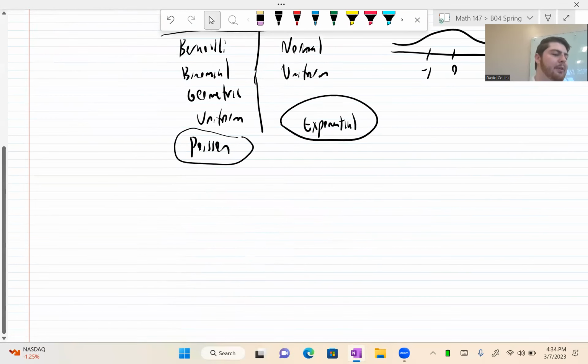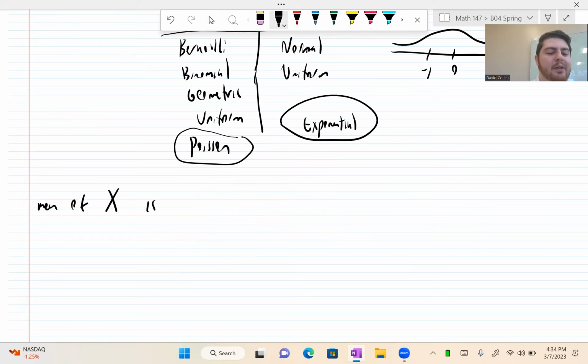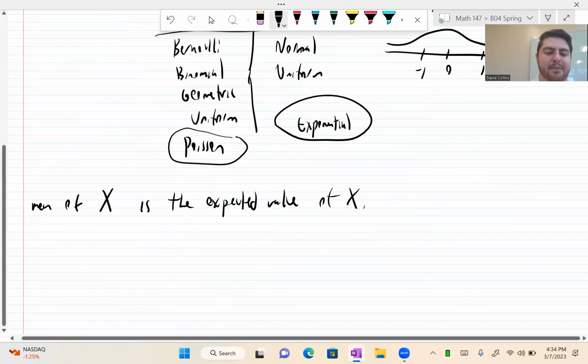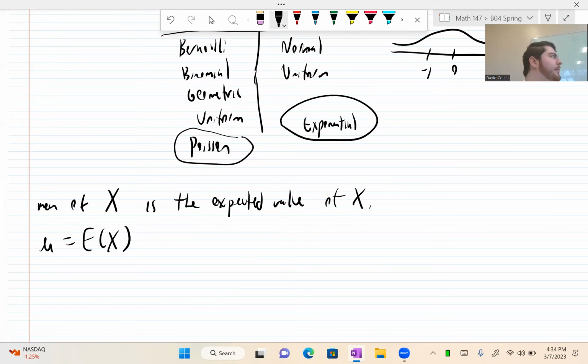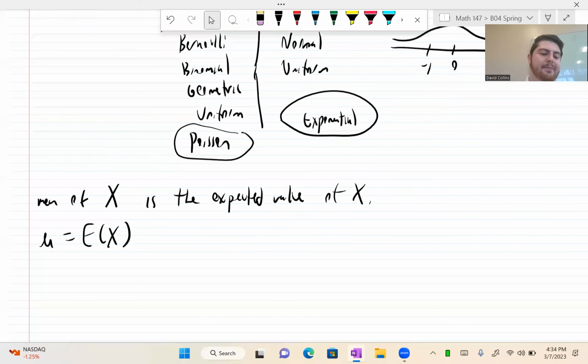So we want to talk about the mean and the standard deviation of random variables. So the mean of a random variable X is the expected value of X. So the mean, which we call mu, is expected value of X. That is an important definition because we might use it interchangeably on a true or false question.